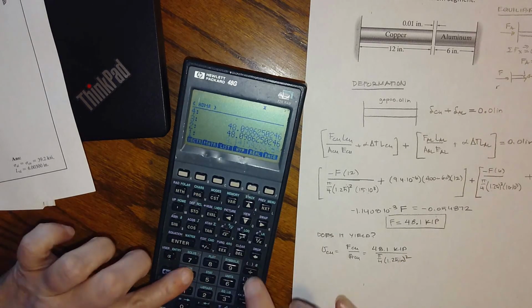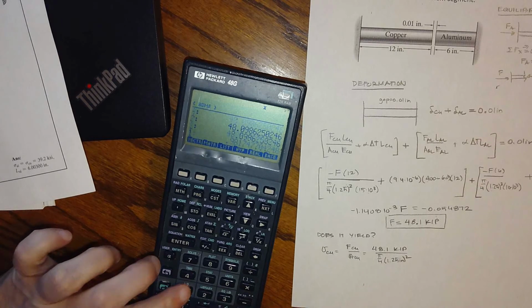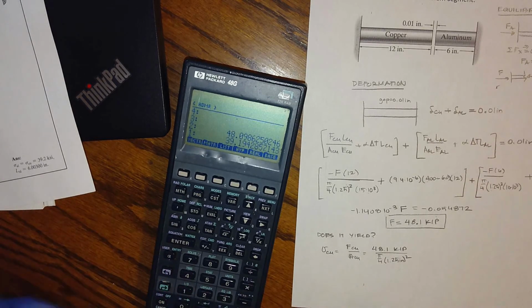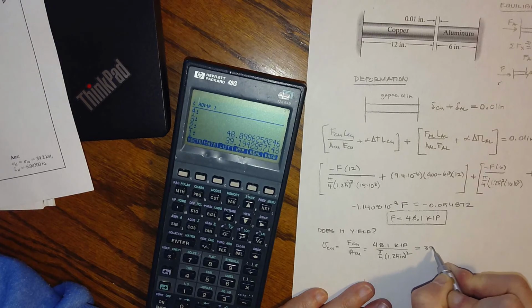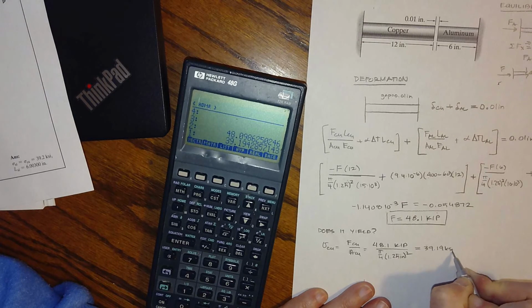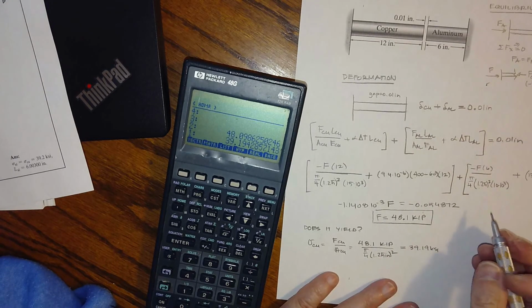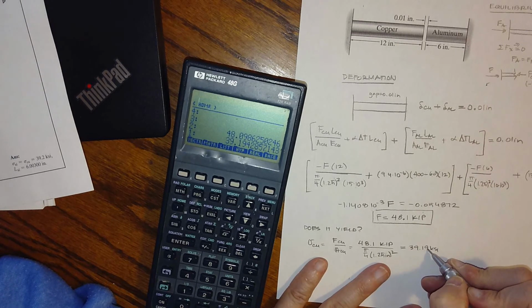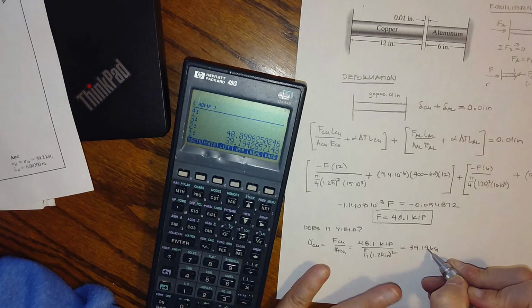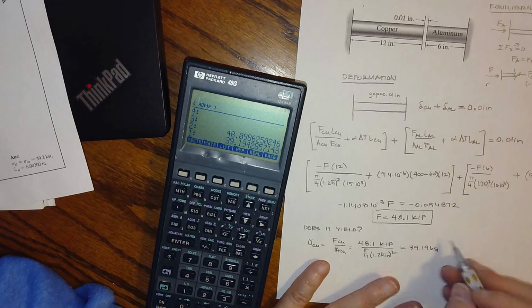And I get that the stress in the copper is 39.19 ksi. And if I go back and check, the yield stress for copper is 50 ksi.